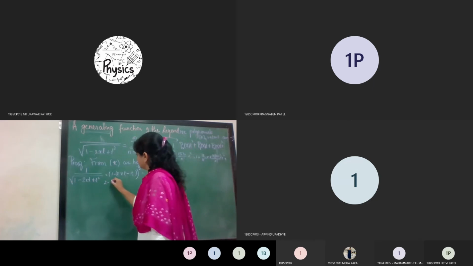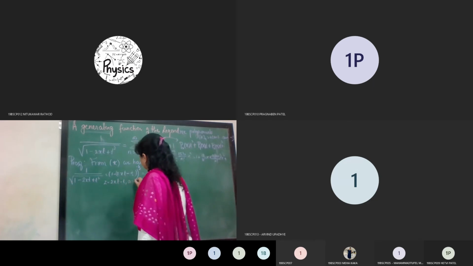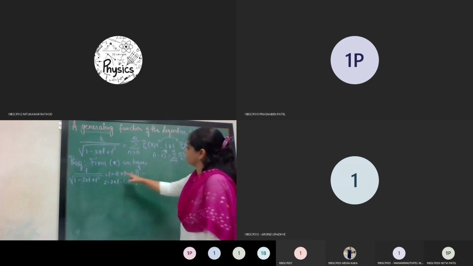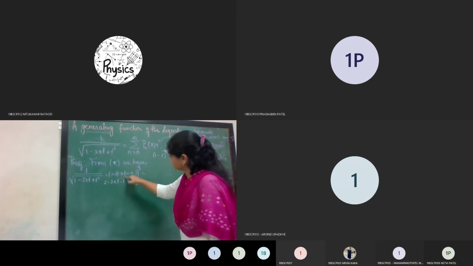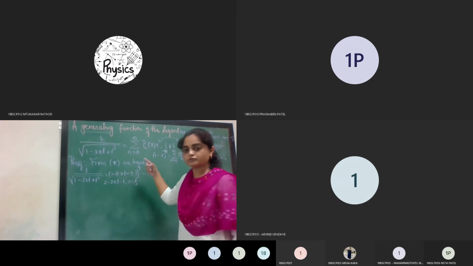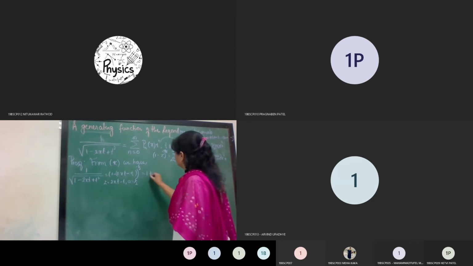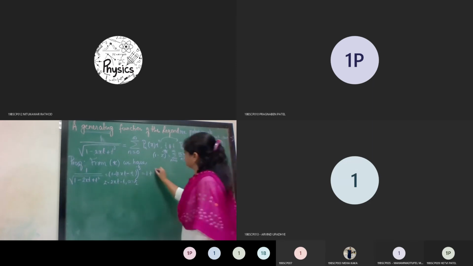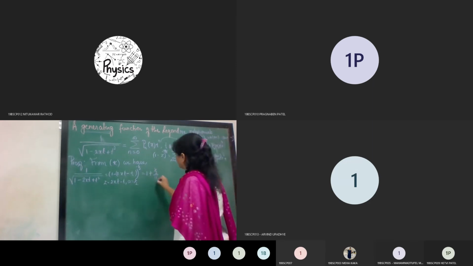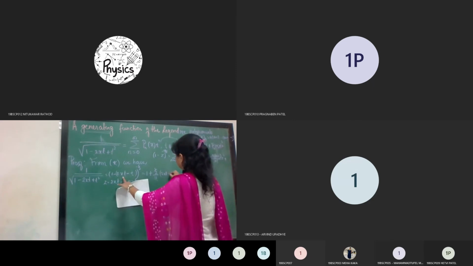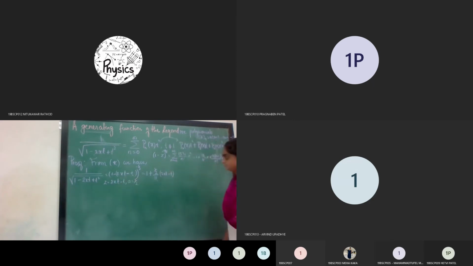Let me write: z is equal to 2xt minus t square and a is 1 by 2, because 1 minus z is raised to minus 1 by 2. So in this expansion it will be 1 plus a, which is 1 by 2, upon 1 factorial into z, and z is this factor, 2xt minus t square.